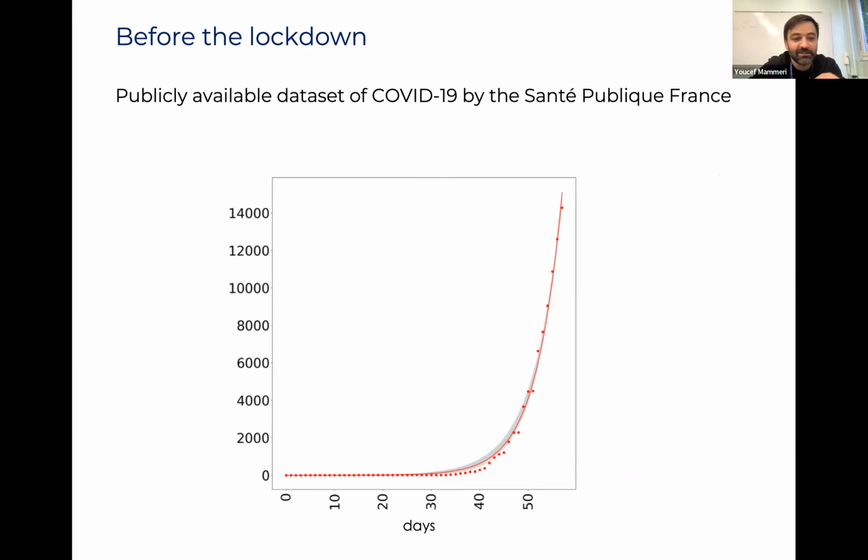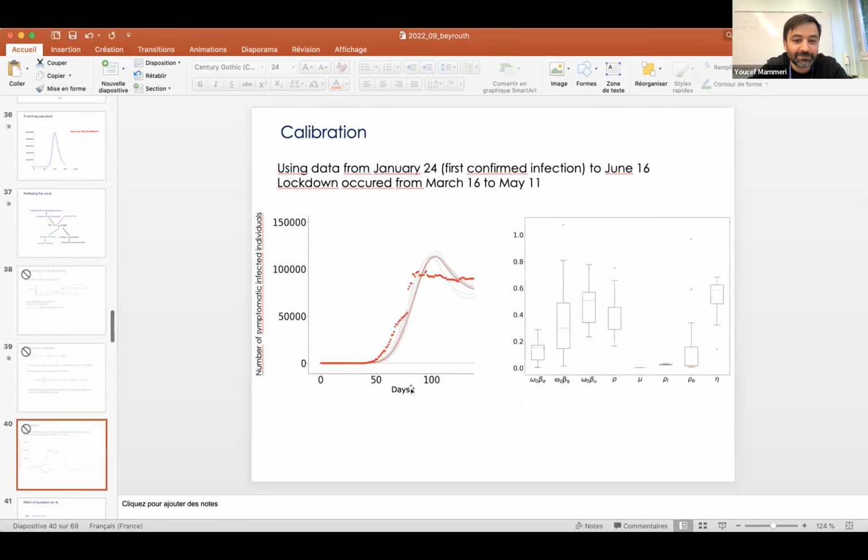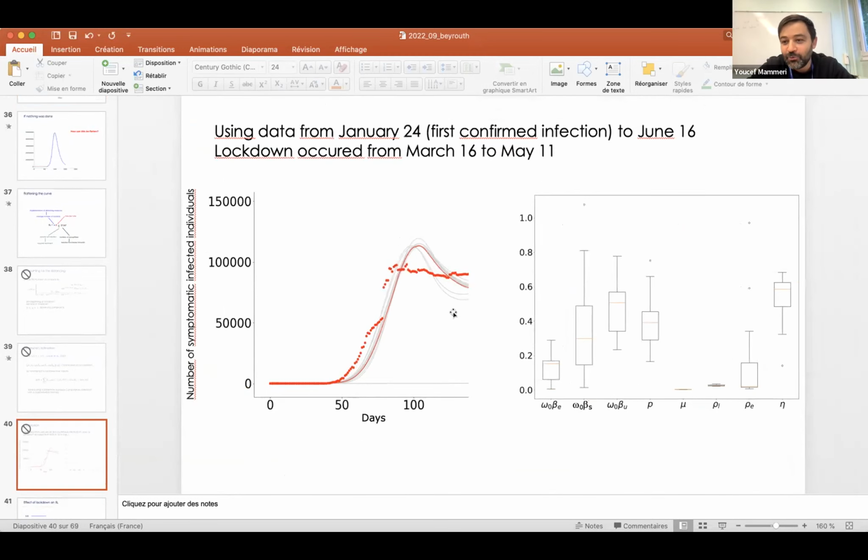I didn't show it because it was hidden. So this is the real simulation of the calibration. Each curve is a good curve, and then you have the mean of the parameters and the standard deviation.